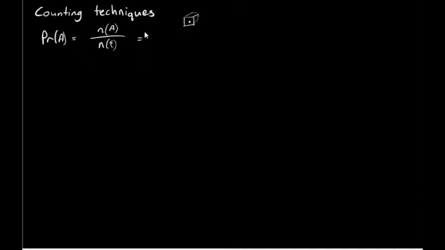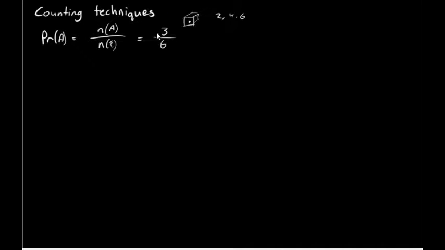So let's say even numbers, well, there's three different ways we can get that, a 2, a 4, or a 6, over the total number of outcomes, which would be 6. So 1, 2, 3, 4, 5, 6.